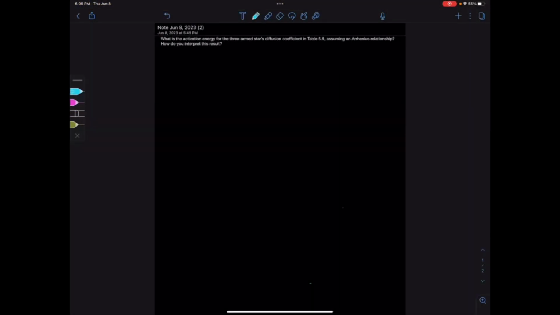What is the activation energy for a three-armed star diffusion coefficient in table 5.9? Assuming an Arrhenius relationship, how do you interpret this result?